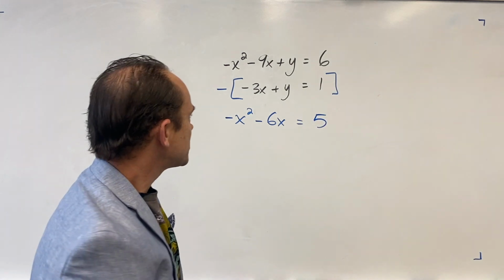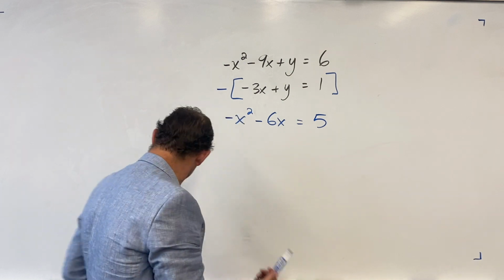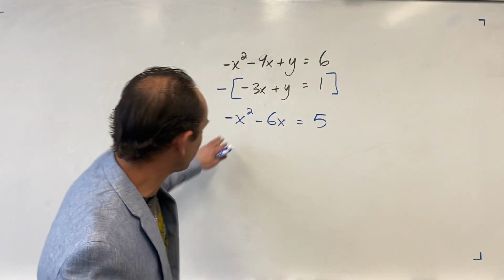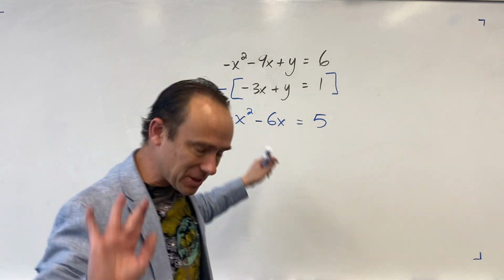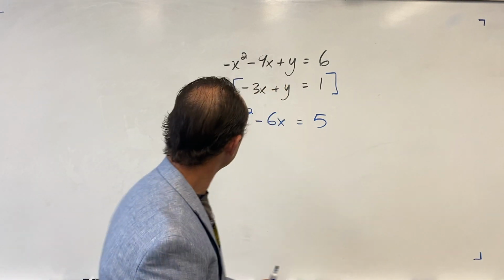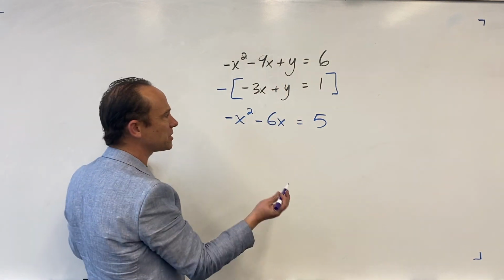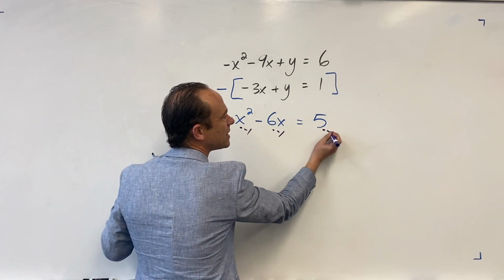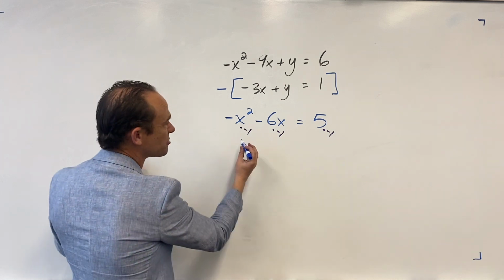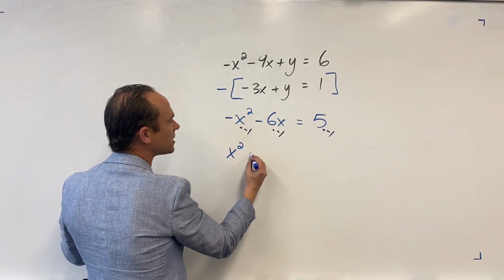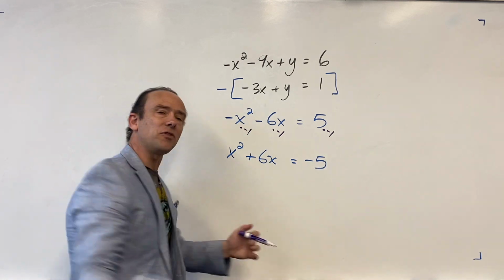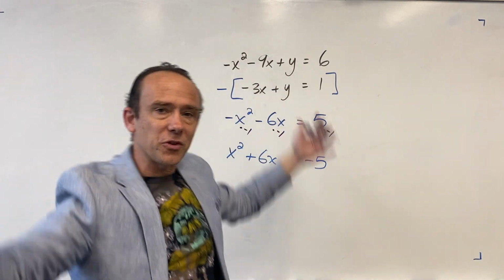All right. So one thing I'm going to do here is I look at this. I do not like my a value to be negative. I just don't like it. So I'm going to multiply everything by negative 1. Or you could say divide by negative 1, but I'm going to change that sign right now so it's x squared plus 6x. That's one of the many beautiful things about math.